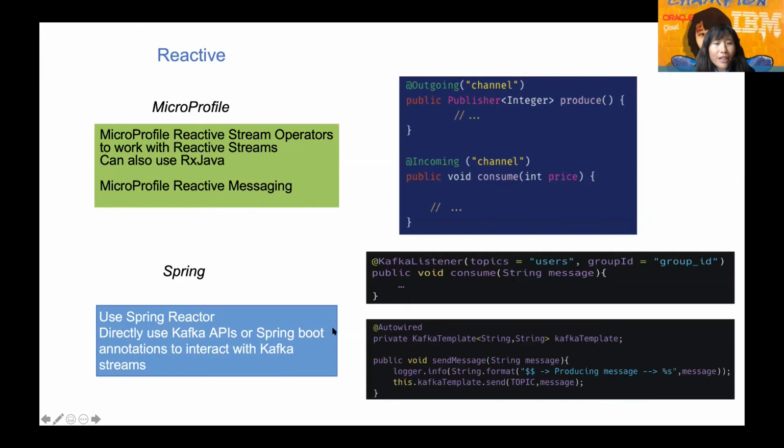In Spring, you can use Spring Reactor, which is a popular programming extension. It also has a focus on Kafka, so you can directly use the Kafka API, or Spring Boot annotations to interact with Kafka streams. Like this one, you can inject a Kafka listener. Sorry, this is to create a consumer, as a Kafka listener, and then here you can directly inject a Kafka template, and then you can publish messages.